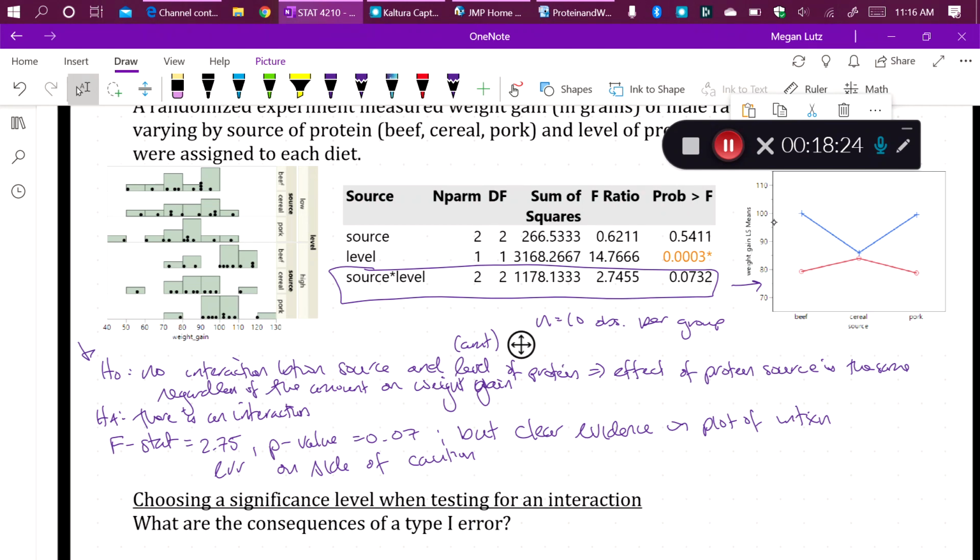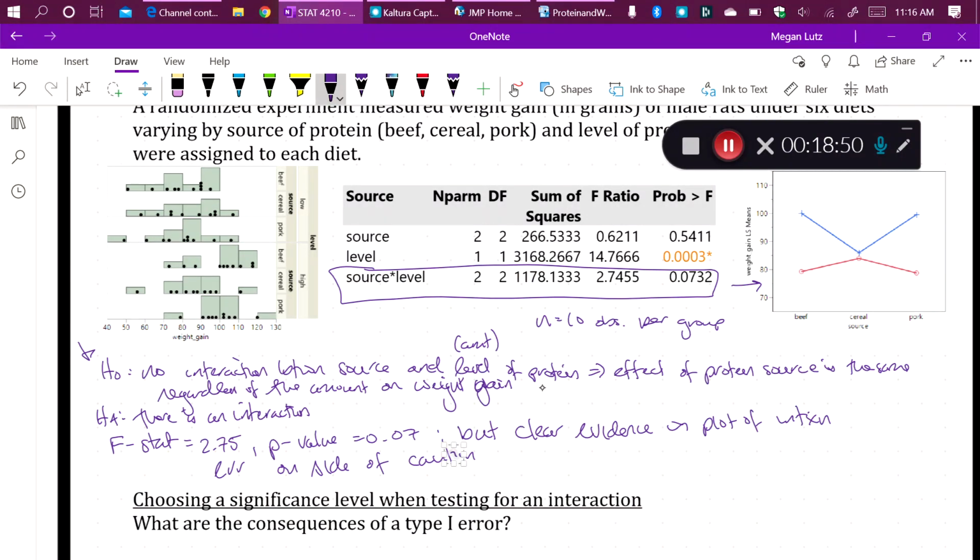It means that we would be making a type 1 error, right? If there really is not an interaction, but we say that there is, if we err on that side of caution, we'd be making a type 1 error. But that doesn't seem so bad here, and we'll talk about that in just a minute. So we're going to err on the side of caution.